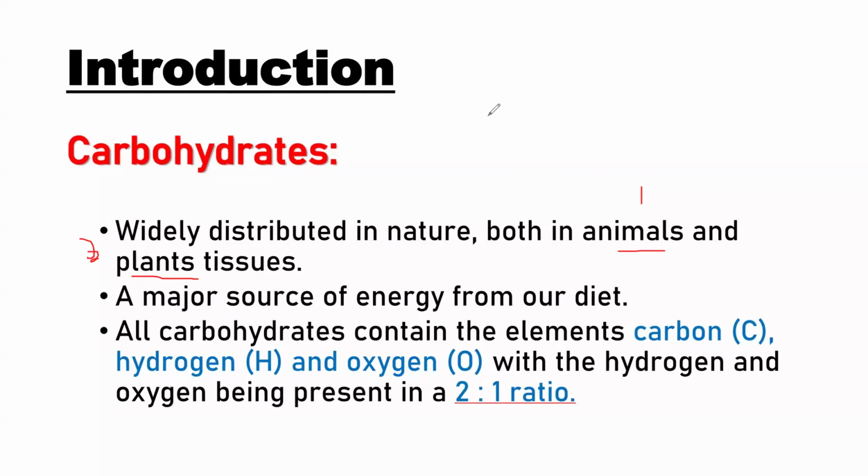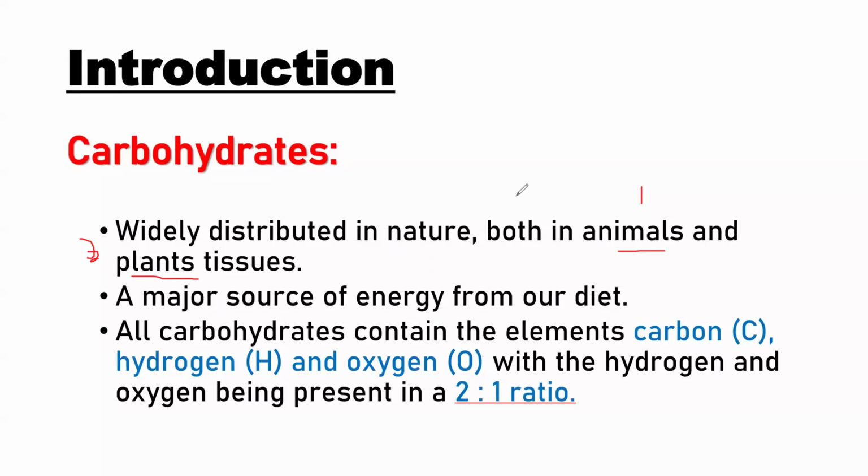It includes microorganisms. And remember, we have 5 kingdoms now. We have animal kingdom, plant kingdom, protista, fungi, and then we also have kingdom monera. So apart from plant and animals, there are other organisms. Therefore, carbohydrates are found in every living organism.